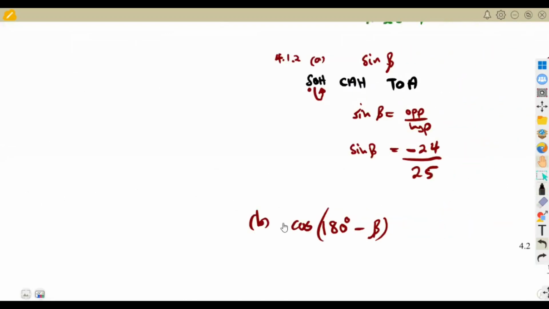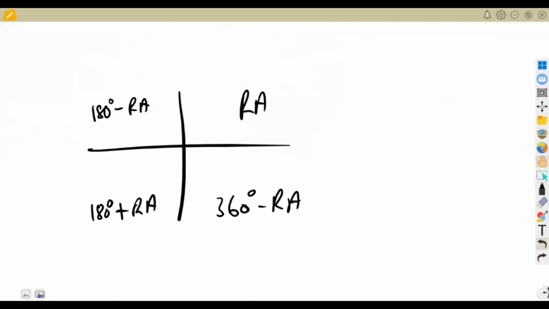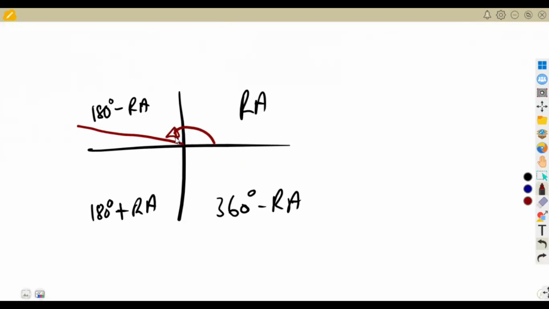So for cos of 180 minus beta, we are considering the second quadrant, where 180 minus the reference angle lies. And what are the properties of cos? How do we take cos in the second quadrant?